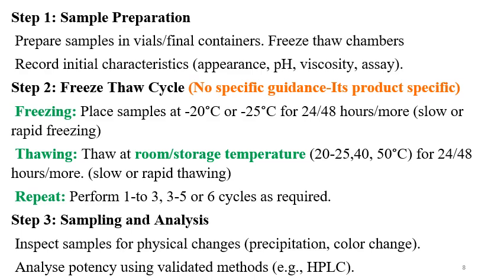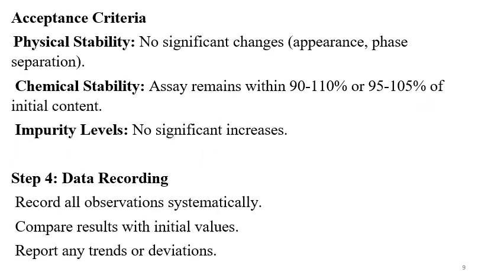So the number of cycles is required to be reported. Step 3, sampling and analysis. Visual analysis will be there: visual description, precipitation checking, physical change like color change. Inspect the samples, analyze the potency using validated methods, check the assay and then confirm the data.